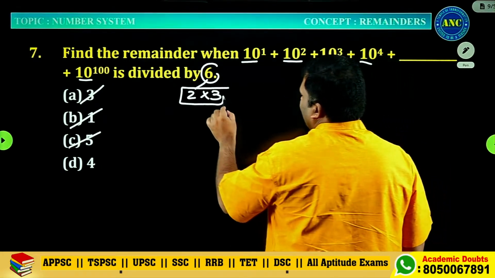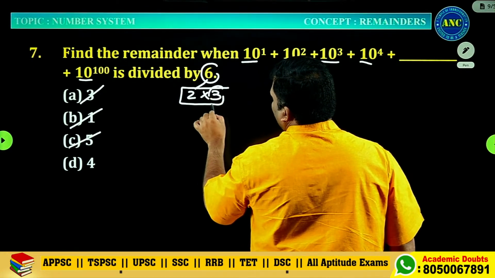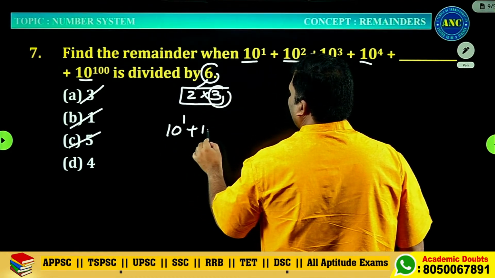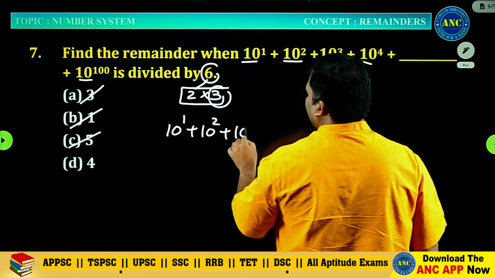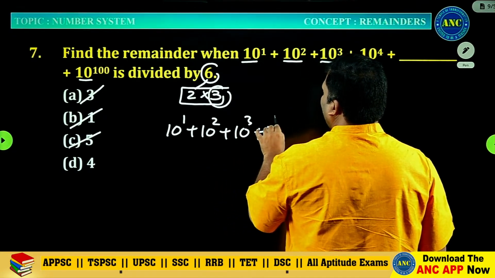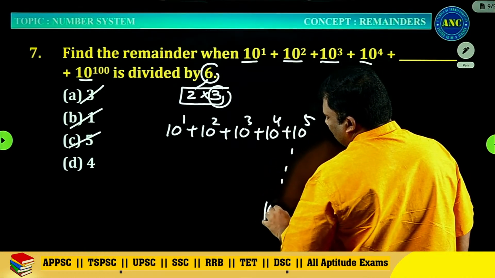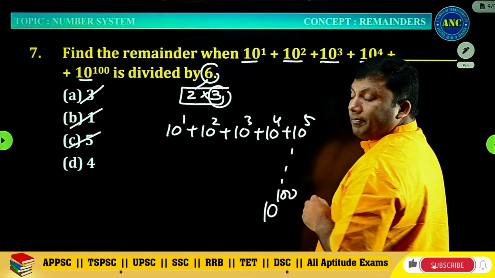Now see here, 3. Now if you see 10 power 1 plus 10 power 2 plus 10 power 3 plus 10 power 4 plus 10 power 5, and the process continues till 10 power 100.